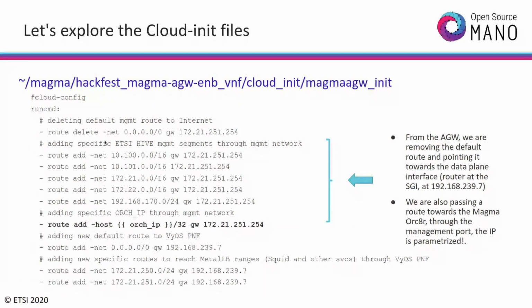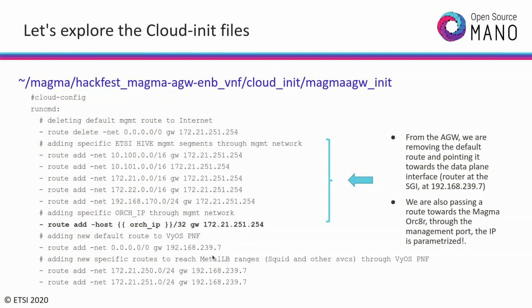You would need to find a way, maybe you want to do it this way, to delete the default gateway that you are receiving from the management network, and inject some specific routes that you need to later be able to access the Mac Access Gateway without needing to have this default gateway, and add a default gateway that points to your own version of the PNF. If you want later on, I can send you some details on how to create this PNF emulator. It's just a virtual machine that implements a router. It's just that.